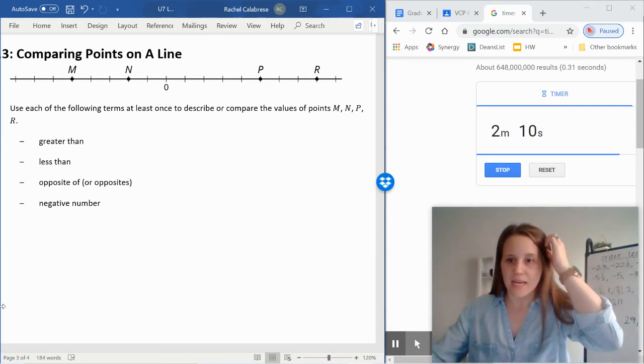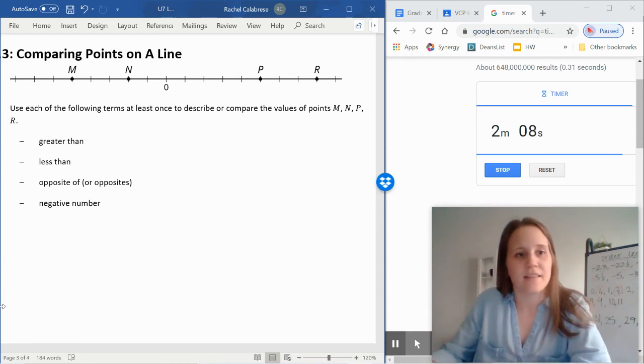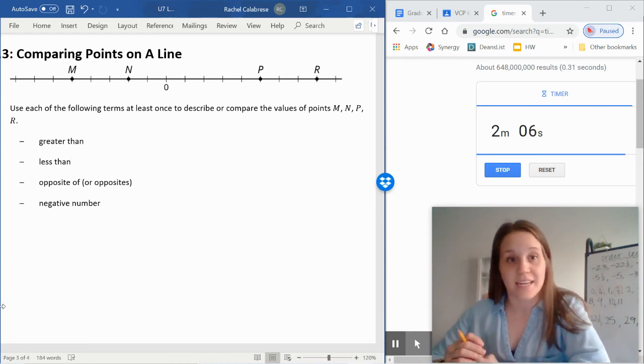About 2 minutes remaining. Go ahead and underline the terms that you're using when you finish writing a sentence.